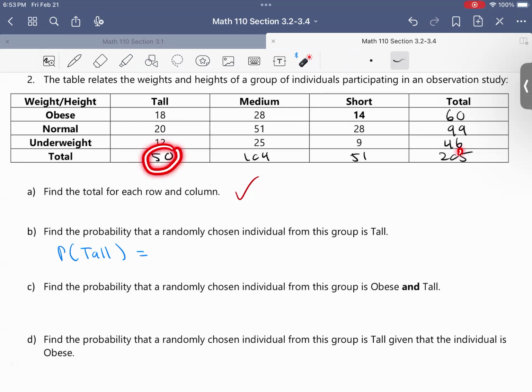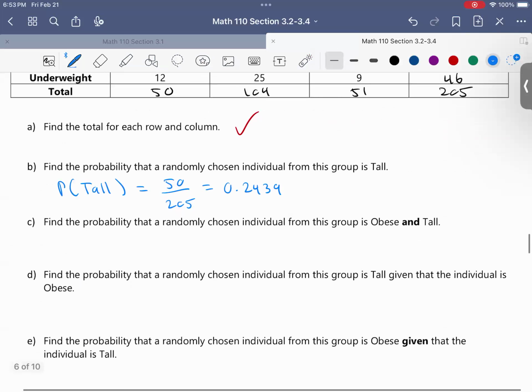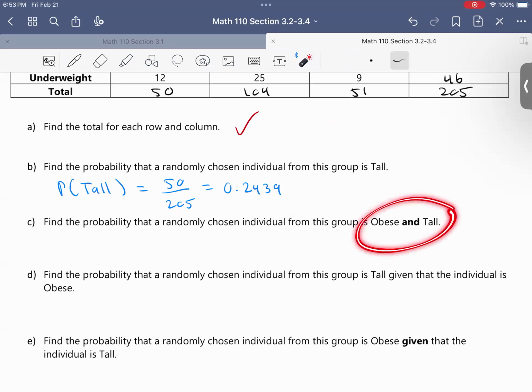And I'm just going to divide that by our entire total. So we would have 50 over 205, and that comes out to 0.2439. Remember to round to 4 decimal places with probability.